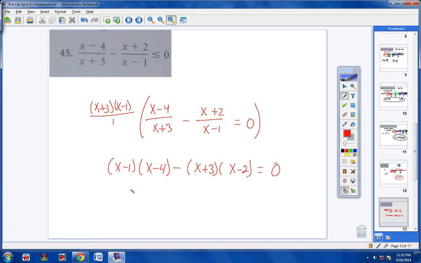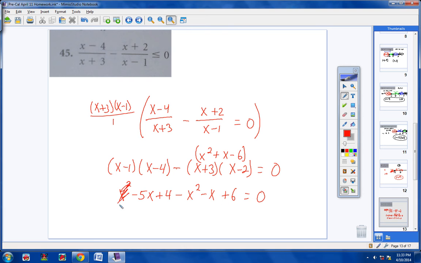Okay, now let's quickly finish this problem. If I multiply these two parentheses together, I would come up with x squared minus 5x plus 4. If I multiplied these two parentheses together, I would come up with x squared plus x minus 6. However, there is a negative sign out front, and so all of my signs would change. So I would have a negative x squared, a negative x, and a positive 6 equals 0.